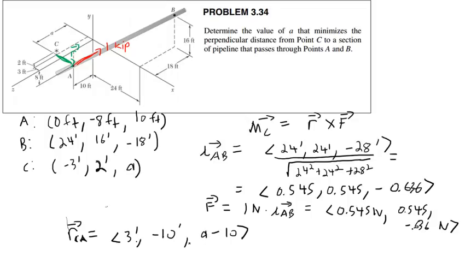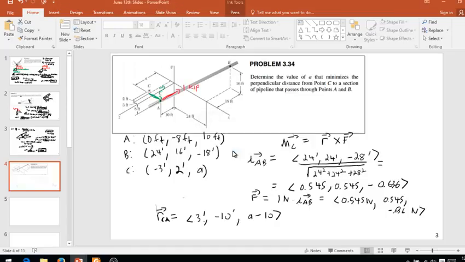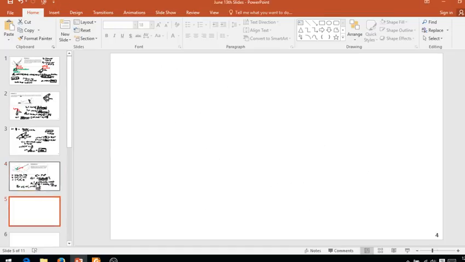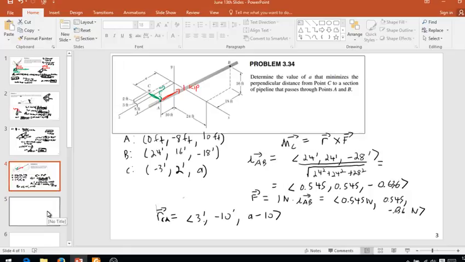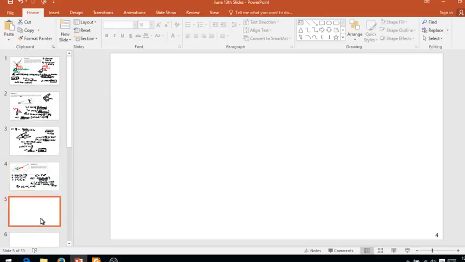Now I'm going to need to spill this over onto another page. That's okay, we got space here. So this is 3, comma, negative 10, A minus 10.